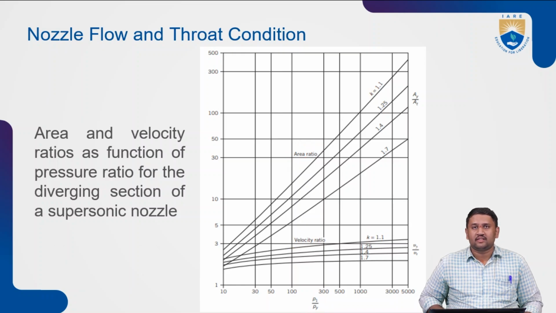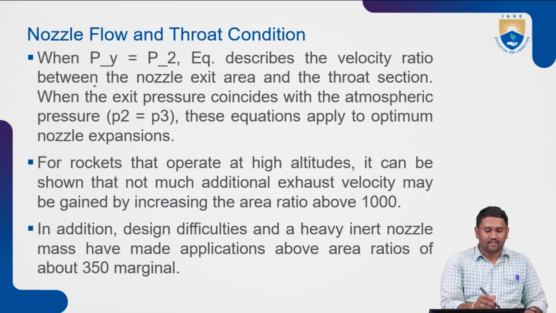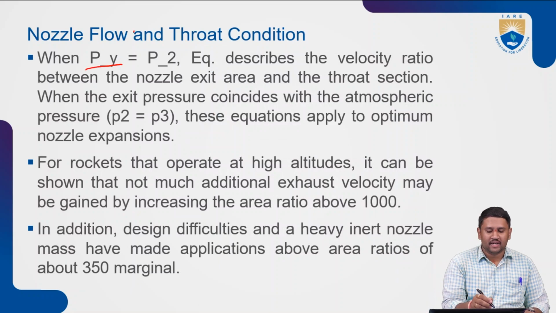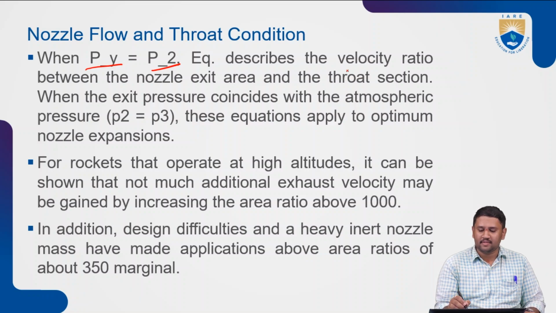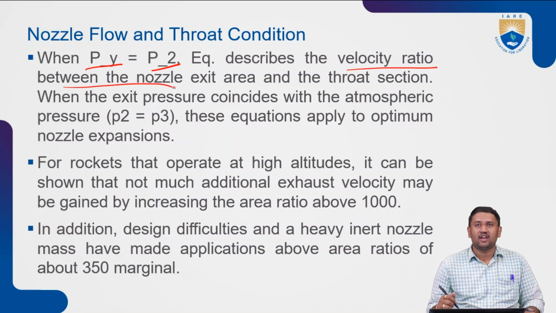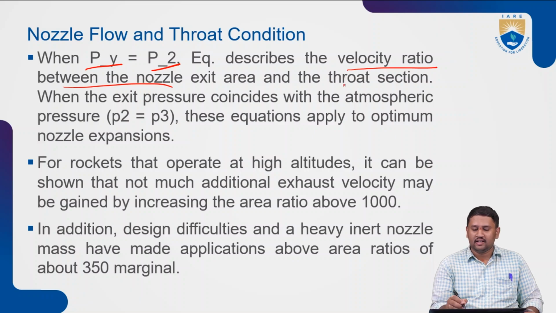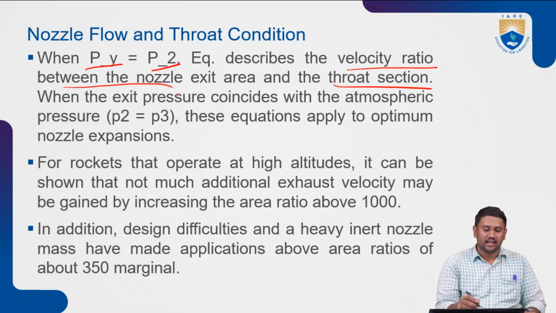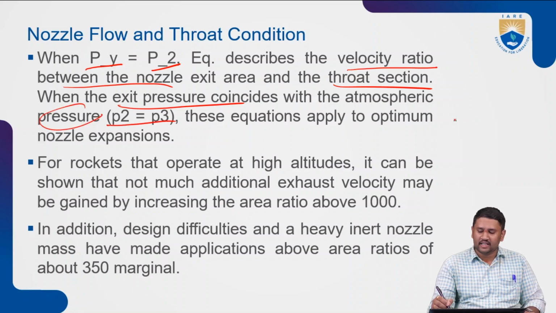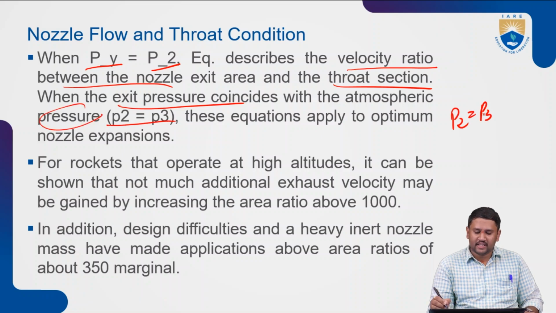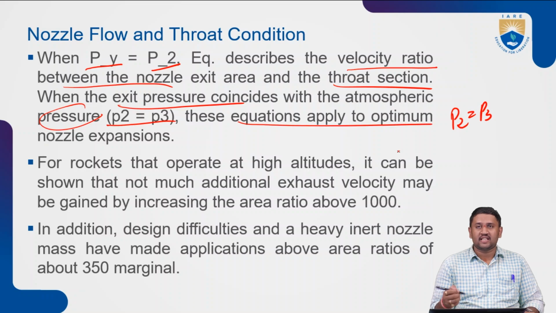Now with this, for a given condition, Py is equal to P2. The equation already described is the velocity ratio between the nozzle exit area and the throat section, right? And where the exit pressure coincides with atmospheric pressure, particularly P2 equals P3. And these equations apply to an optimum nozzle expansion.